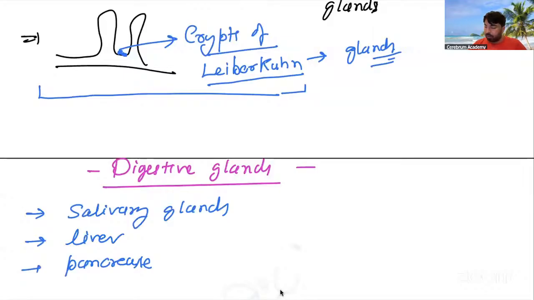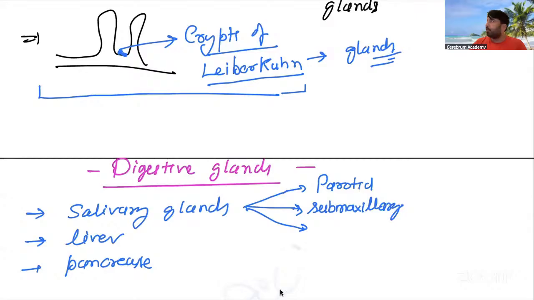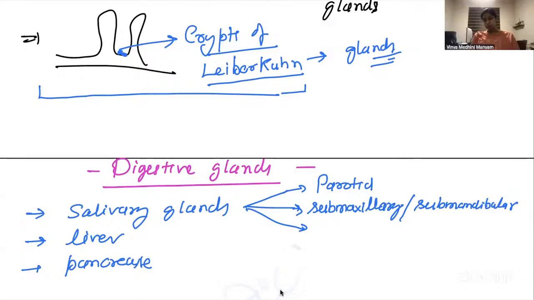Salivary glands are three pairs. These are parotid, then submaxillary or submandibular, and then sublingual.